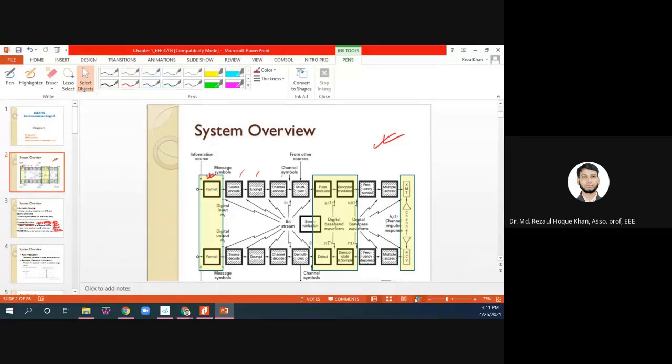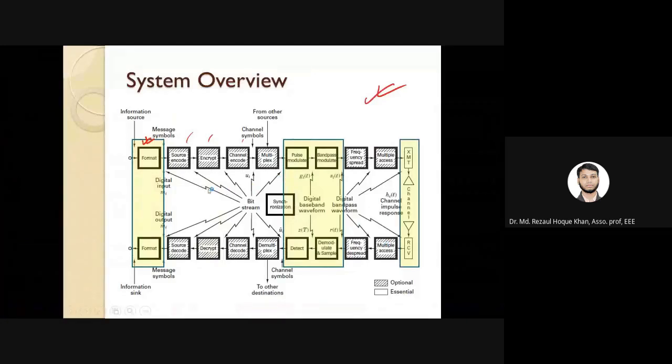So if I zoom in, the low pass filter will be used in the baseband. Here in this portion, after our information signal, baseband signal, there will be a low pass filter at this point. At this point, a low pass filter is used. Okay.